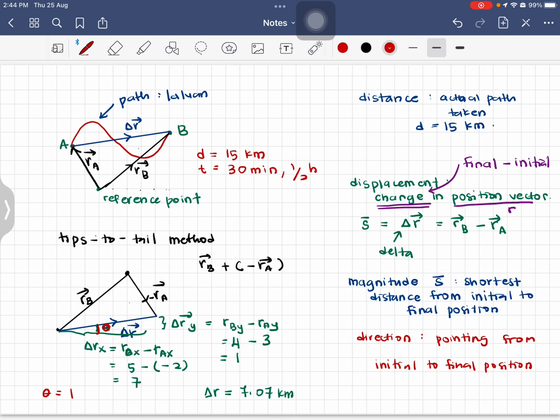Another way to find it is by using tangent inverse of 1 divided by 7, you will get about 8 degrees above the positive x-axis.